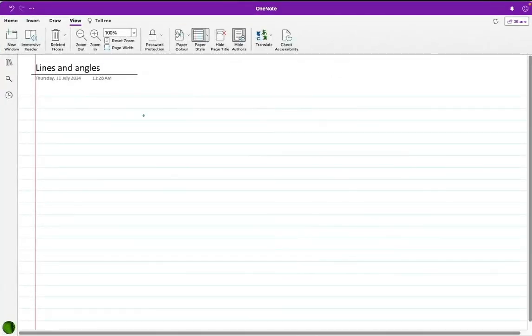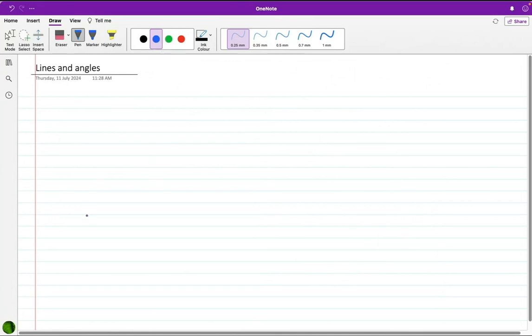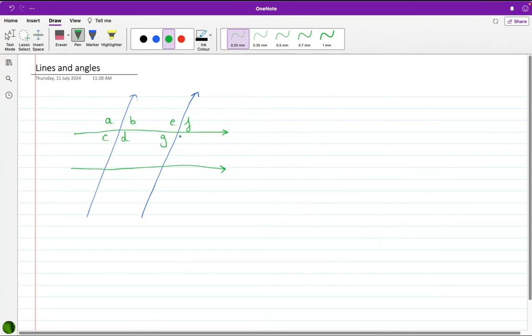A quick recap of properties. A, B, C, D, E, F, G, H, I, J, K, L, M, N, O, P. Now, if I say A plus B is equal to 180, SAT will never ask about the names of the property.